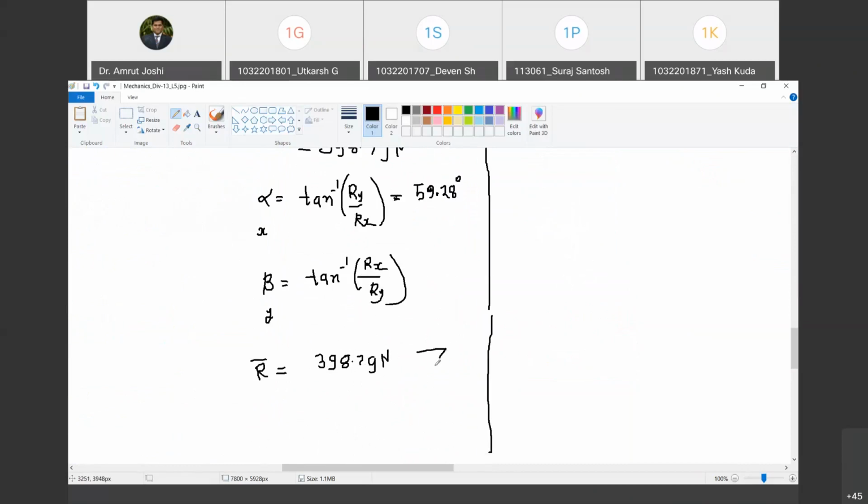Now draw the resultant's quadrant. I have drawn the quadrant and I have found out this angle. So write down this angle next to it. That is 59.28 degrees. Happy? Yes, sir. So this is the complete description of the resultant. Happy? Yes, sir. This is the answer.